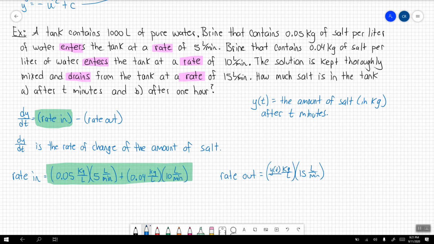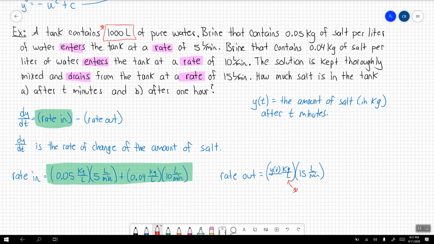We do know how many liters are in this tank. In order to figure that out, you'll see we don't need to figure it out at all, because there are 1,000 liters from the very beginning. I'll put a star here and link it over here.